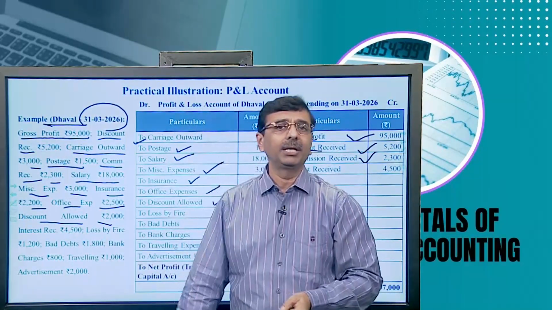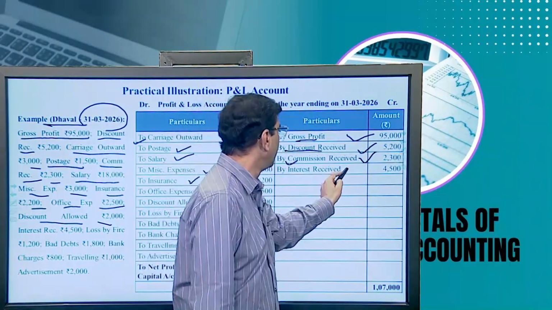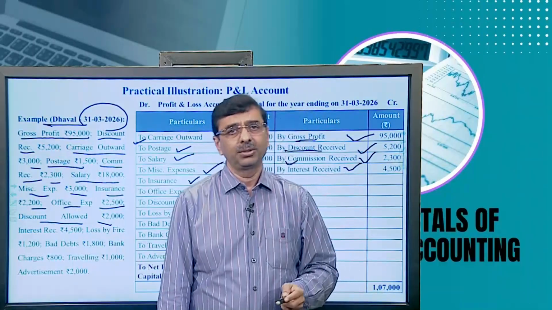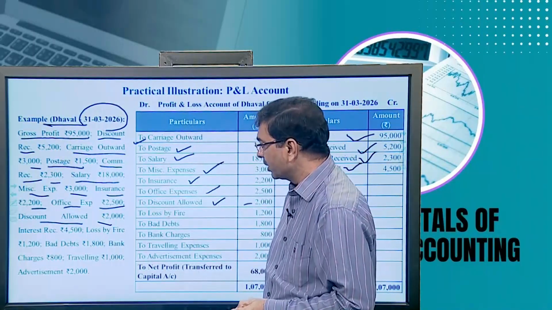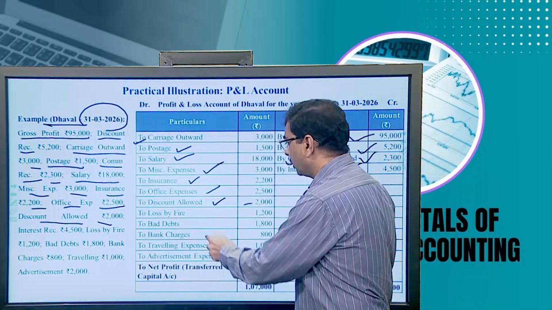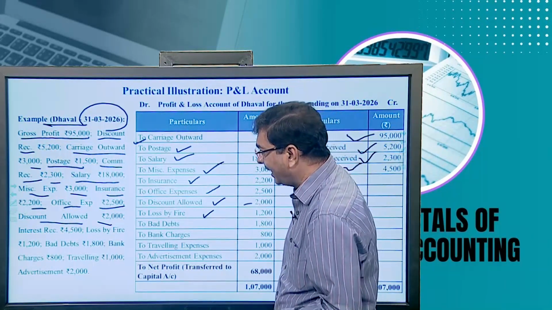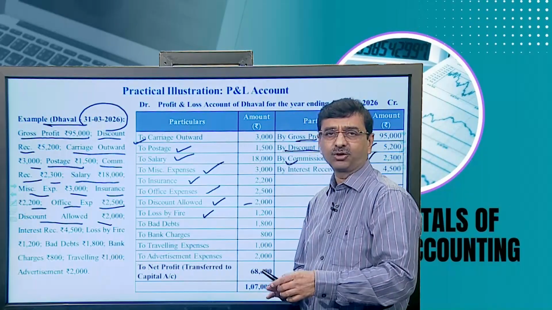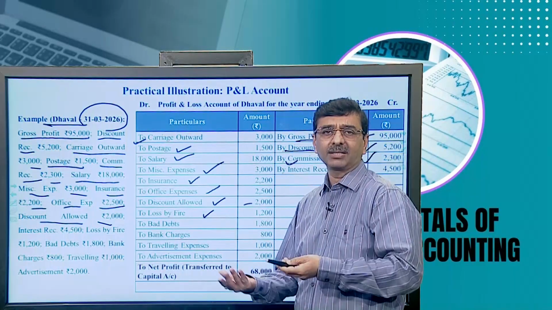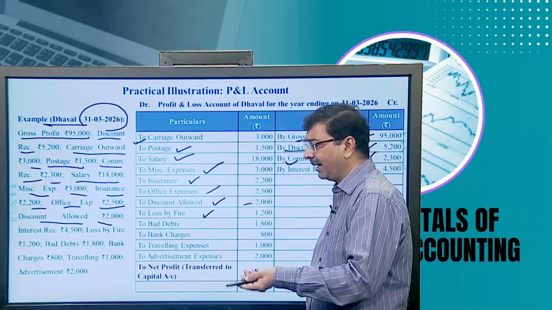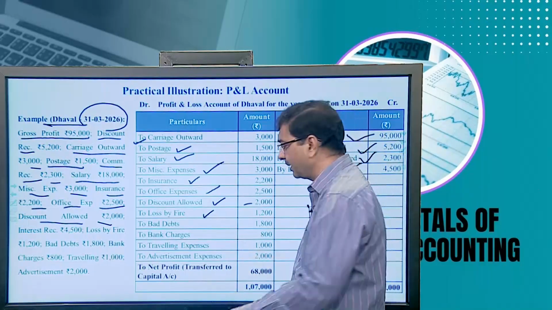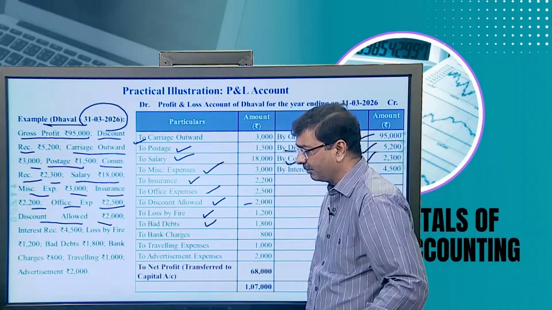Interest received is your income. So, interest received, profit and loss account credit side. Loss by fire, that's your loss, that's why profit and loss account debit. Bad debts are a non-cash item. Actually, we do not have any cash going out or being received, but bad debts, a non-cash item, is an expense. So, profit and loss account debit.